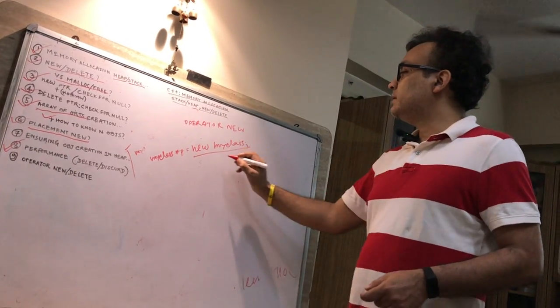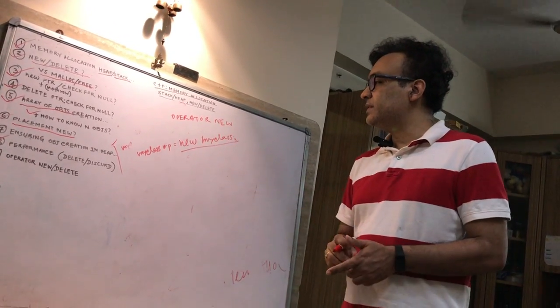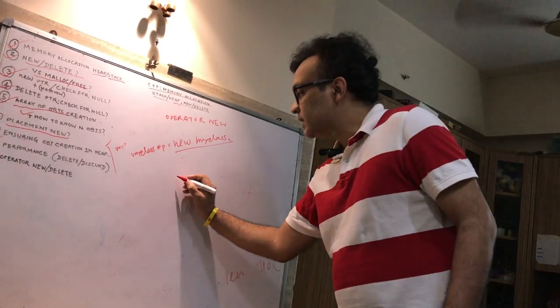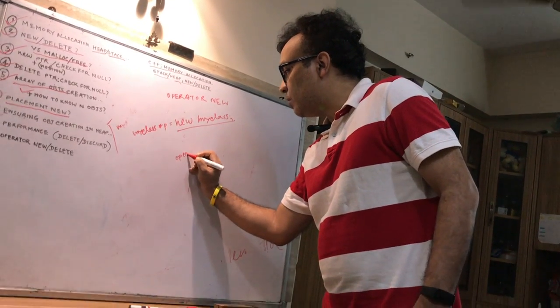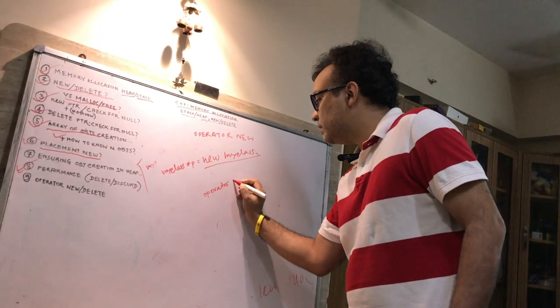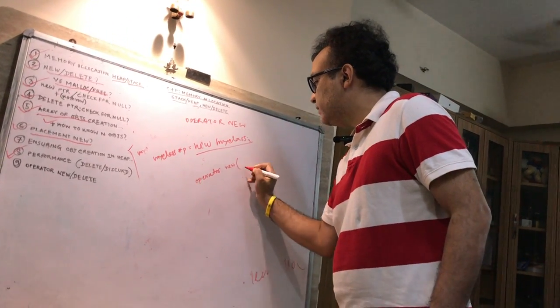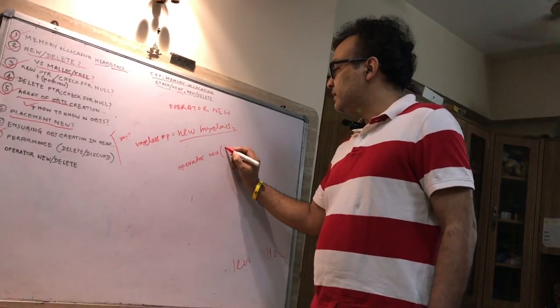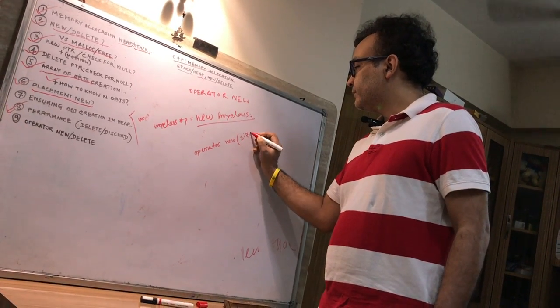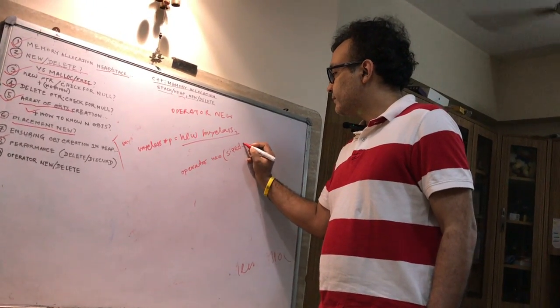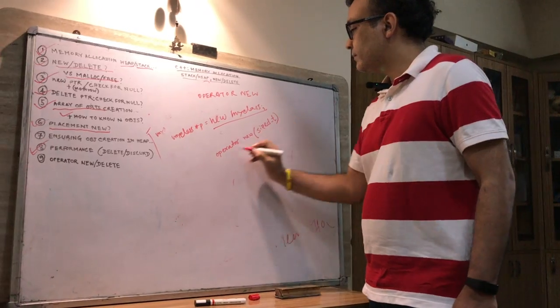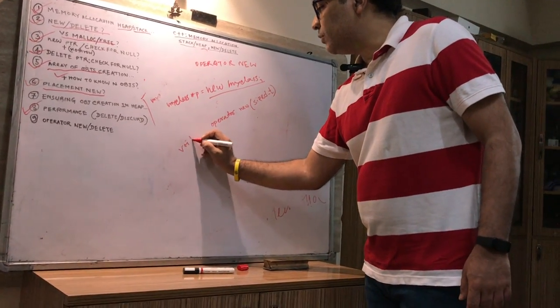When we call a new operation here, the compiler basically calls a function called operator new. This is the operator new, and the signature looks like this. It returns a void pointer.